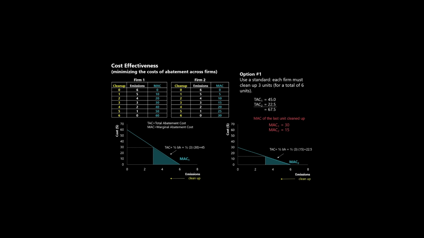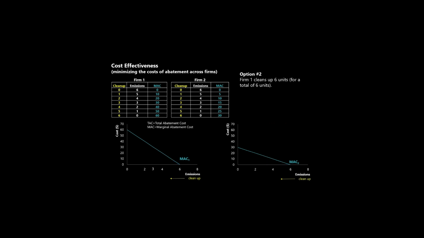They're not equated here, so we can expect that we can find a total abatement cost combination that's lower than 67.5. So let's try some other combinations of cleaning up 6 units.